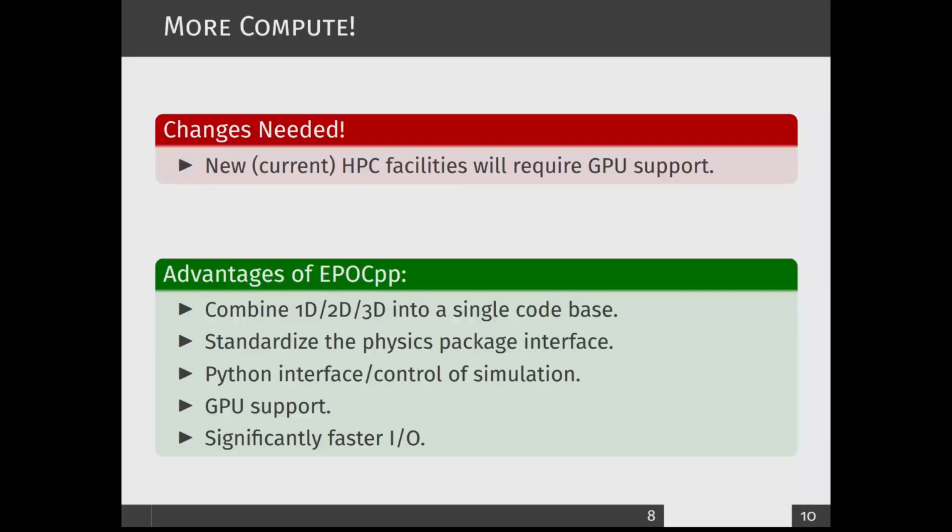You have to sort out all the sampling, how you're pairing up species, what you're going to do about arbitrary weighted particles, how you're going to sample from different distributions. All these things are being done for every single physics package. But because EPOCH has grown and evolved over the last 20 years, there's no standardized interface.